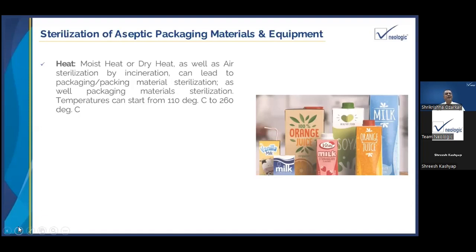This can lead to packaging material sterilization, and packaging materials can go to temperatures starting from 110 or 90 up to 260. 260 we are talking about only for the pharma sector, not for food. Typically for food, it can be 110, 120, 140.